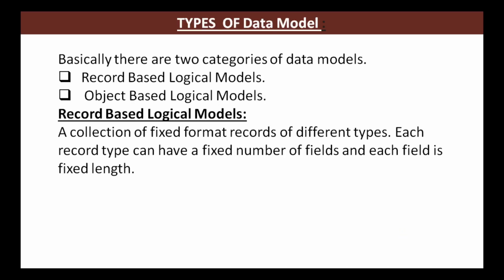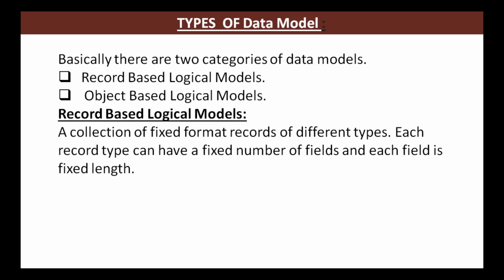Okay, the next topic is types of data models. Basically, there are two categories of data models. One is the record based logical model and the next one is the object based logical model.